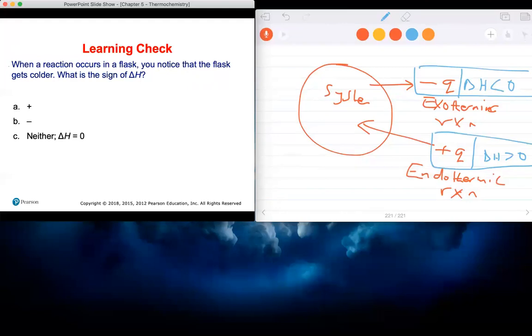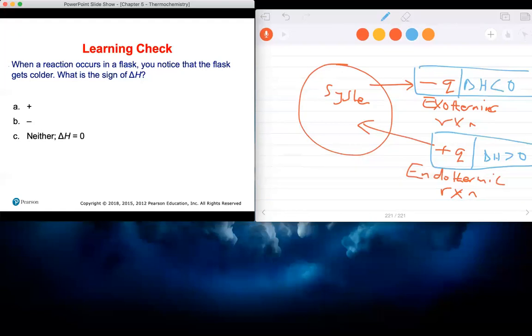From there, what do you expect the sign for delta H to be? The correct answer is endothermic, which means it is positive.